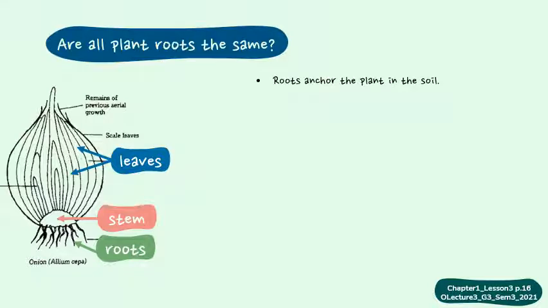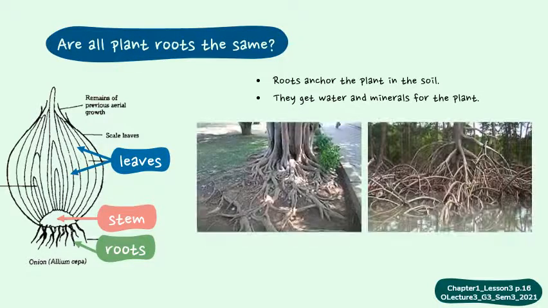Roots fix the plant in the soil, and they all dig into the ground to get the water and nutrients necessary to the growth of the plant. Most of the roots grow underground, but some types of roots called aerial roots grow above the ground.